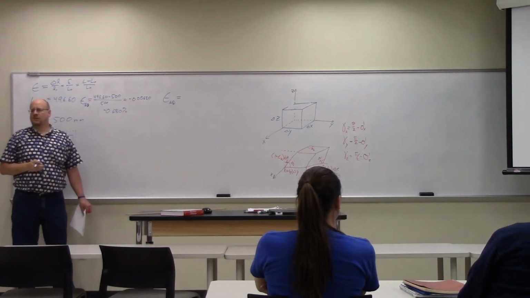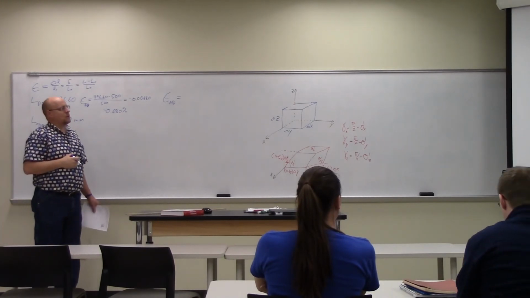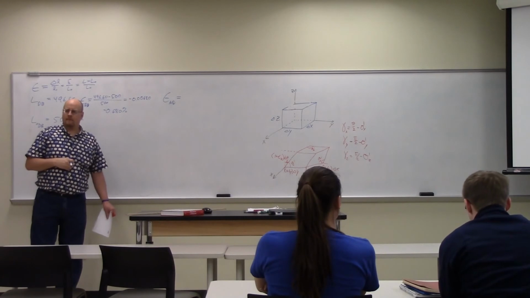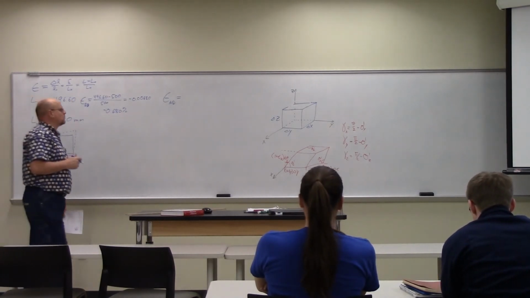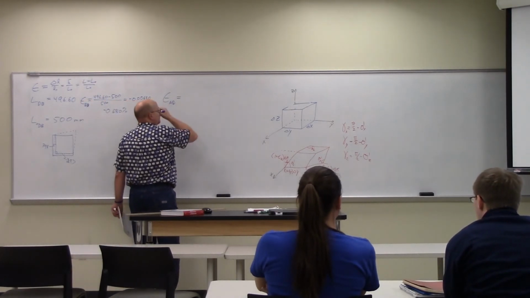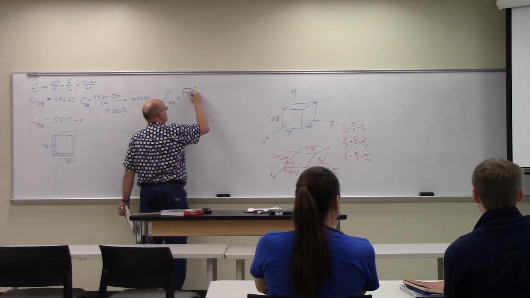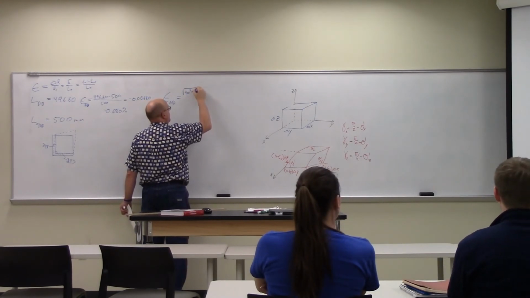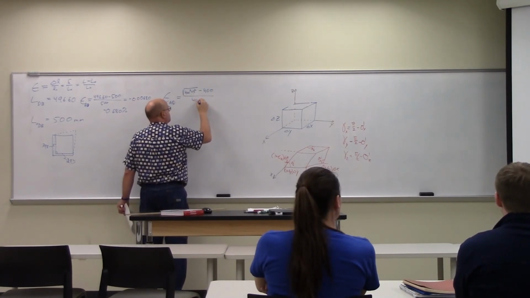So we find gamma? No, we're still looking for normal strain. It's just a different side. Same process, you just use the Pythagorean theorem with 400 millimeters and 3 millimeters. 400 squared plus 3 squared. Agree with that? That'll give you the new L. And then L naught is just 400. Everybody see that?